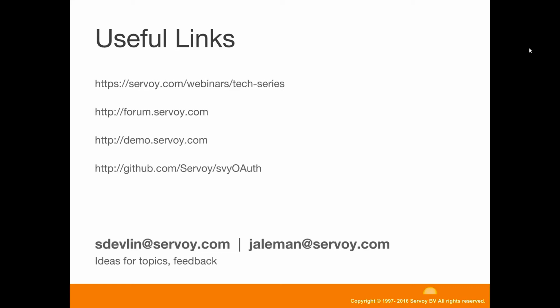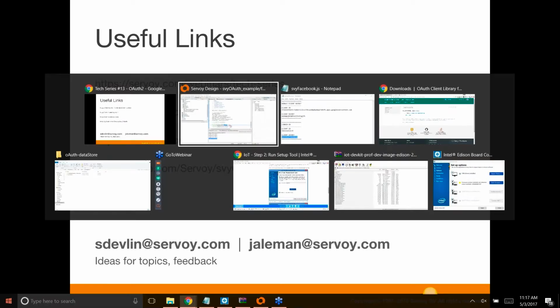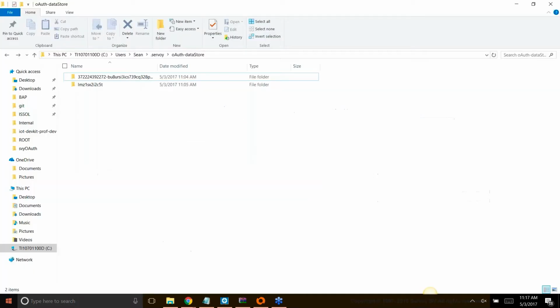The first question is, can the authentication be saved on the database so that the user does not have to navigate to Google's website every time? Awesome question. Yes, and you don't even need to worry about it with the library that we're using. It's actually stored on a file system, and if you look here, I have this up in case I got that question.